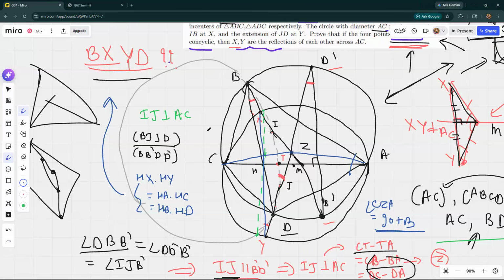We are finished now because angle XCA is equal to angle ZCB. Oh, right. And ACY is equal to ZCD. So they're equal.